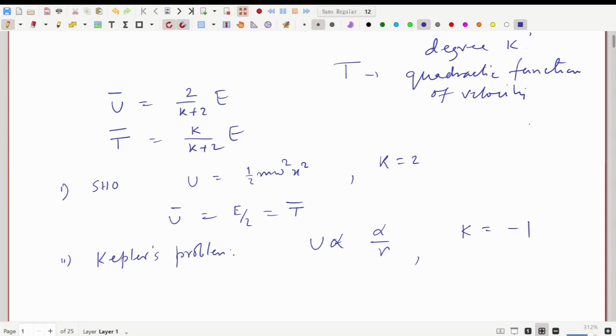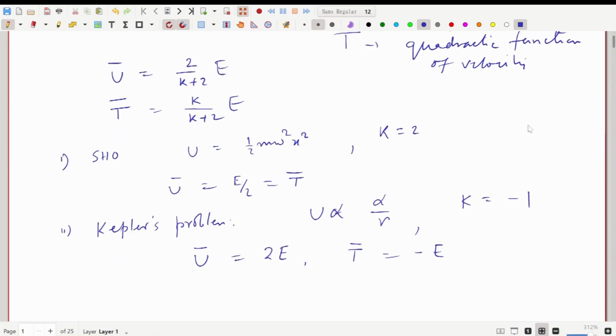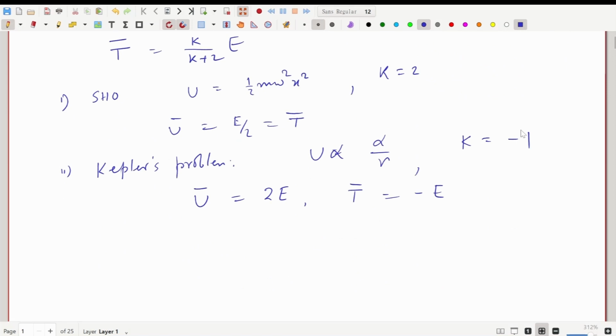If k equals minus 1, U bar will be 2E and T bar is minus E. Apparently this looks like a contradiction, because the average kinetic energy is minus E. This does not mean that the average kinetic energy is negative.